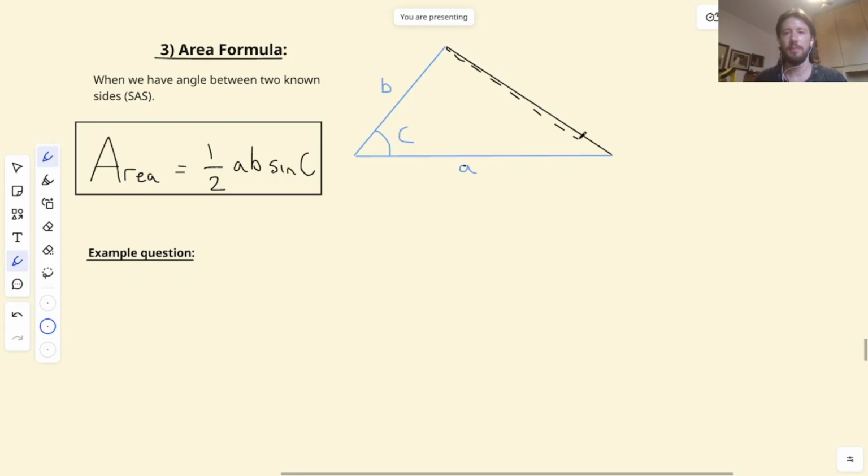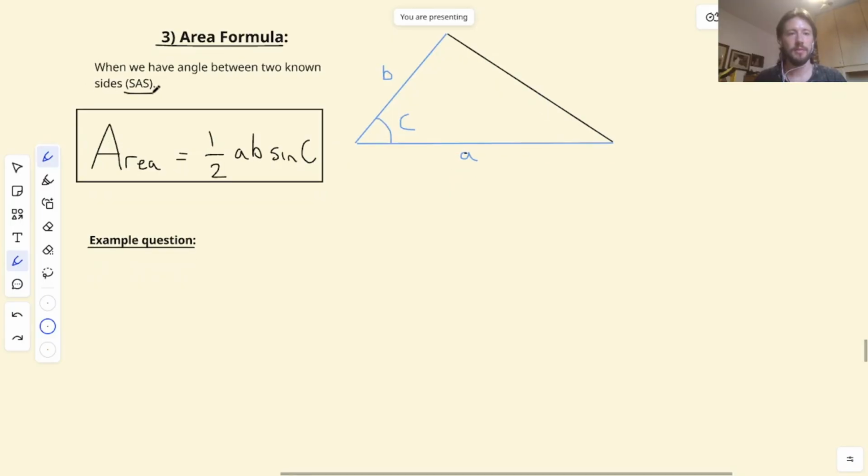We have enough information to find the area enclosed just from the blue quantities here, the angle and these two sides. This is specifically a side angle side rule, and the area is equal to 1/2 ab sine C.